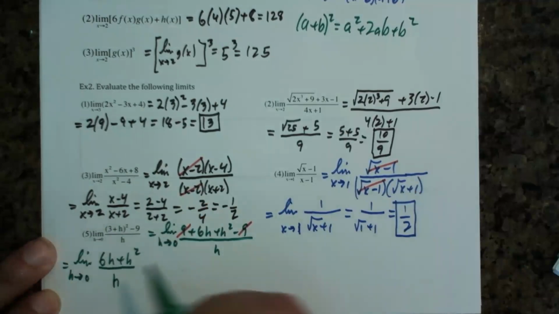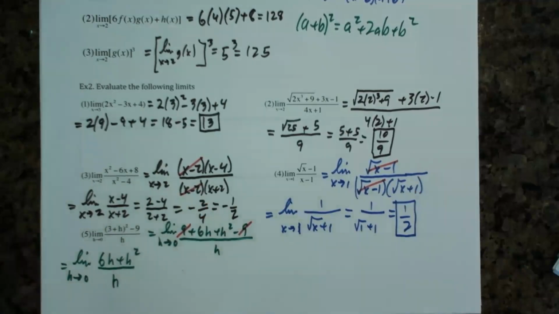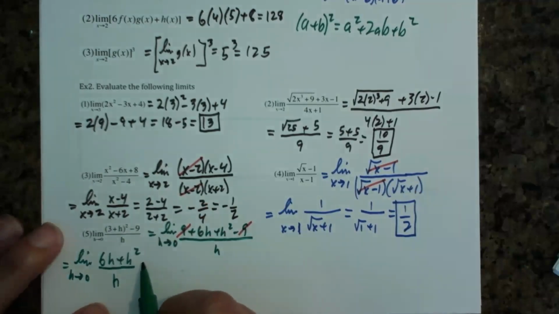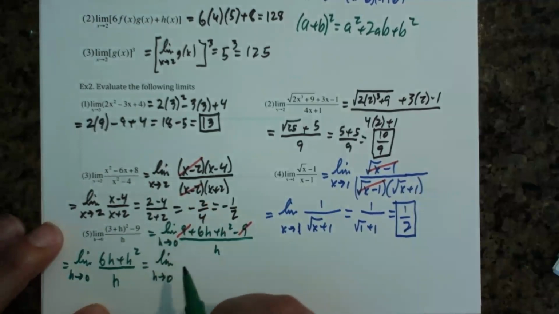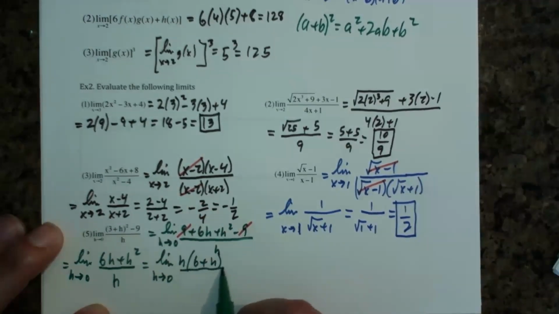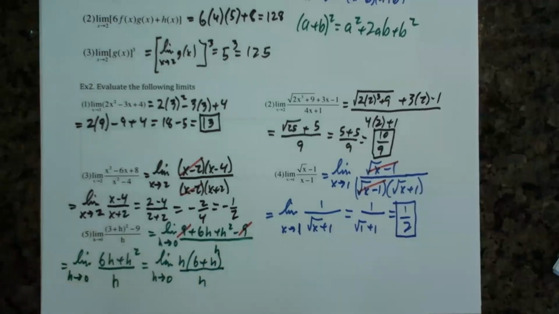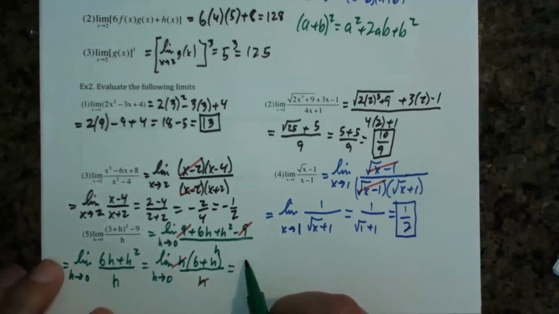Which is good for us, because now in the numerator, everything has an h, which means I can factor an h out. Which very nicely reduces. Now when I plug in a 0, this limit is just 6.